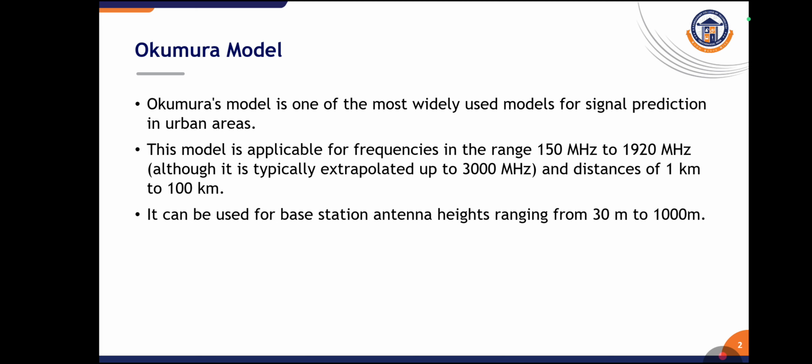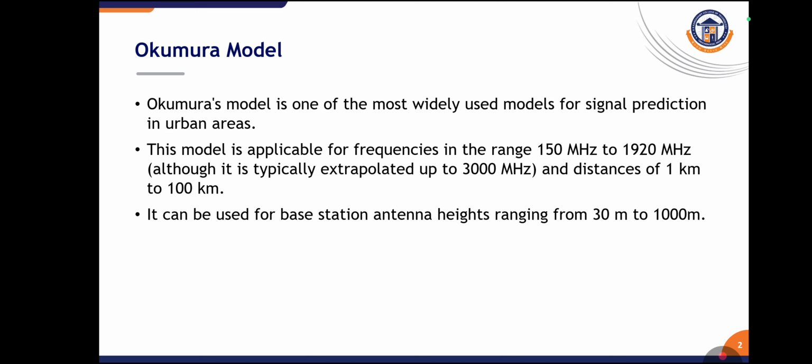Urban areas have more crowd and higher density than rural areas. The Okumura model is applicable for signal prediction in urban areas.